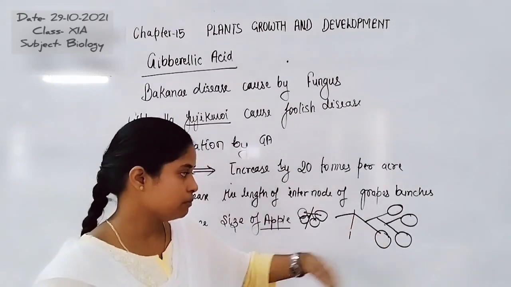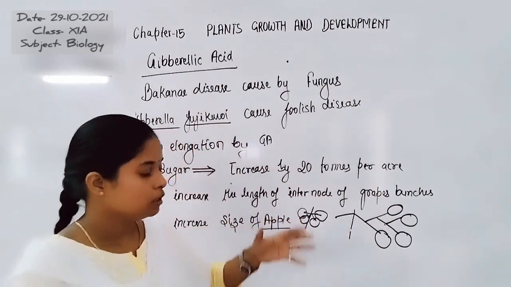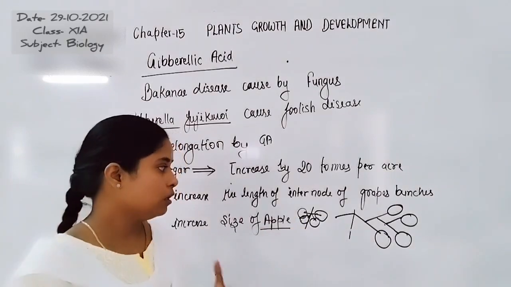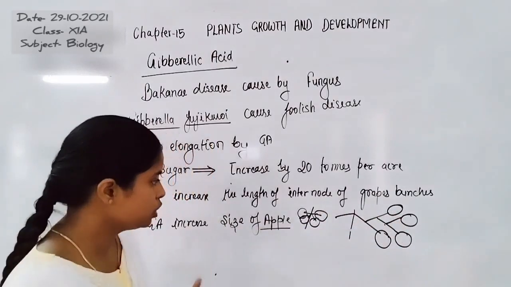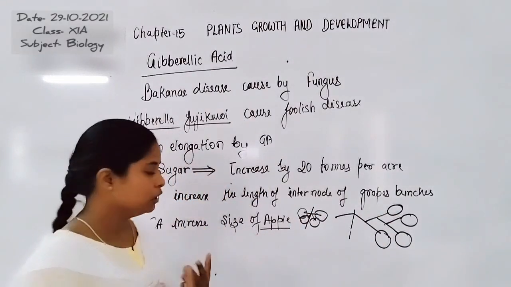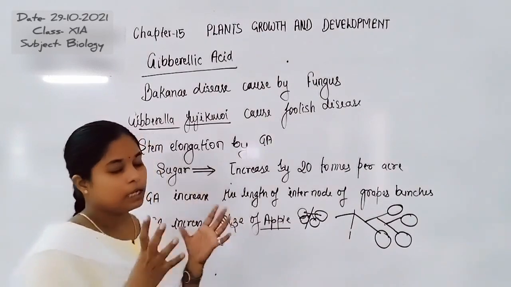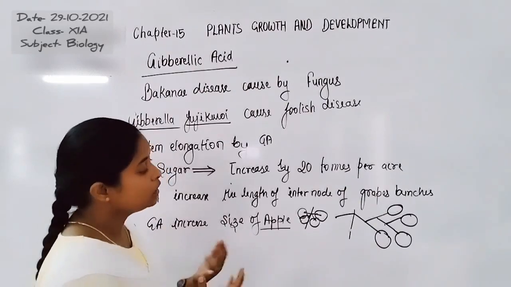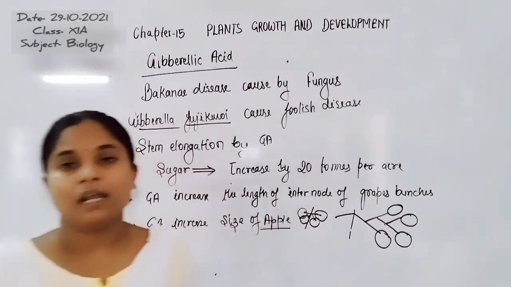Similarly with the grapes, if we increase the stem of bunches, overall they have more space for growth, so the apples do not rupture by the other apples, because they have full space for their growth. Like grapes, apples do the same. If they have less space for growth, they do not increase in size. The elongation of apple is also done by gibberellic acid.